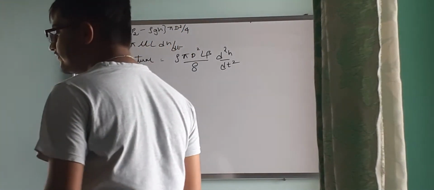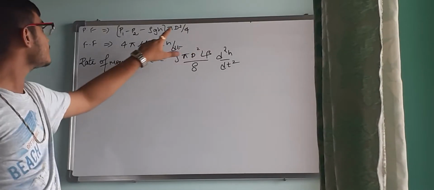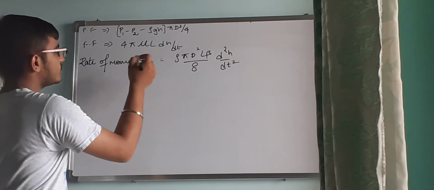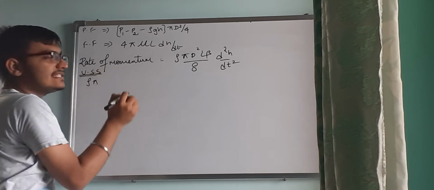Now what is the equation? Rate of momentum is equal to unbalanced pressure forces minus frictional forces. So substitute. Now you will write this equation for unsteady state first.